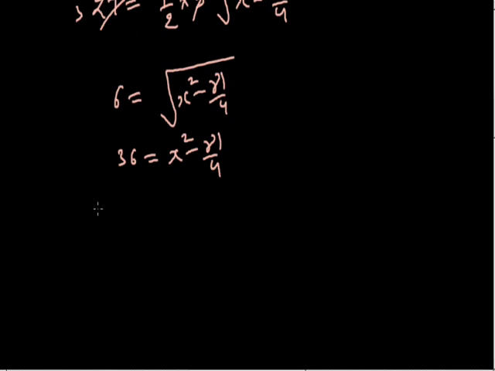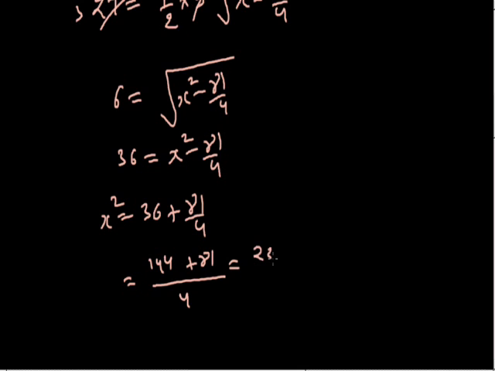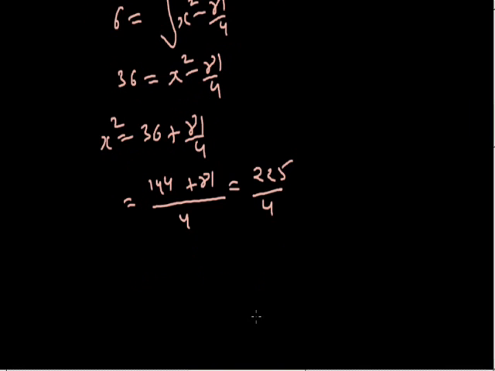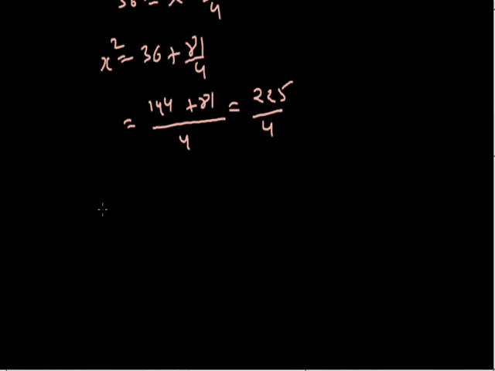Now x square is equal to 36 plus 81 by 4. By taking 4 as LCM, 36 into 4, we get 144 plus 81, which comes to be 225 by 4. So from this we get x is equal to under root of 225 by 4, which comes to be 15 by 2. So the equal sides are 15 by 2.